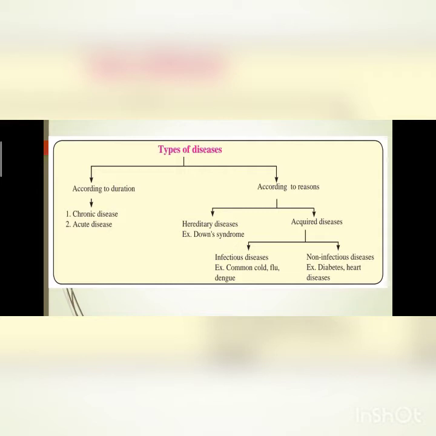Second, acquired disease, which we acquire at some particular point in our life. We do not get the disease as we are born, but get it at some particular time in life.